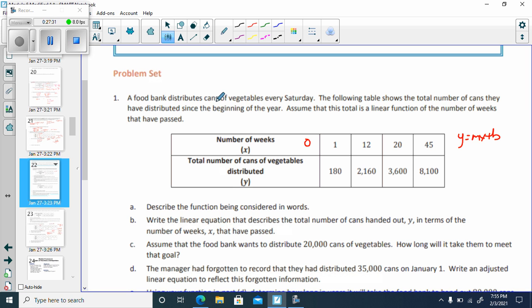Total number of cans they've distributed since the beginning of the year. They started out distributing 0, so b is 0. We need our m. M is the change in y over change in x. Choose 2 points. Our change in y would be 2,160 minus 180.